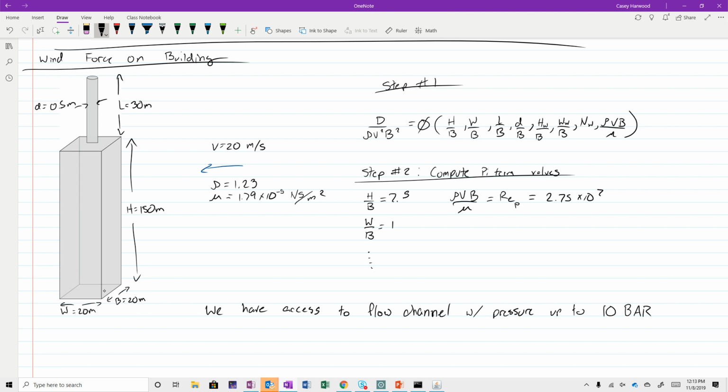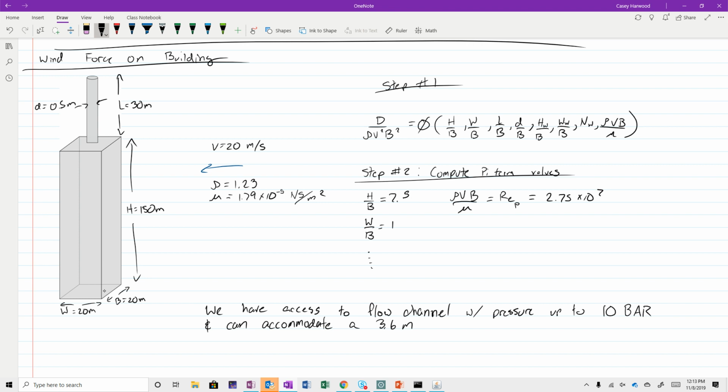So it can be pressurized, whatever fluid is in there, and can accommodate a 3.6 meter tall model. So this is sort of our limiting factor in how large our model can be.